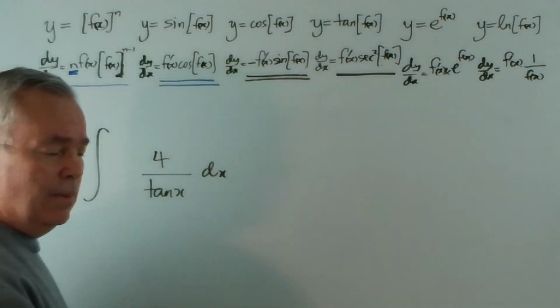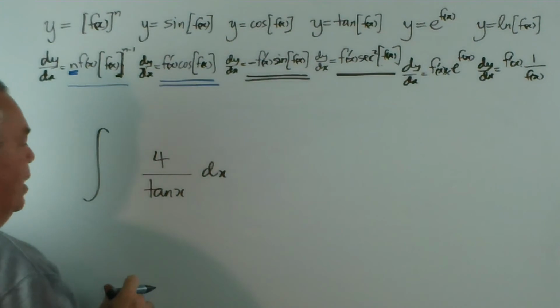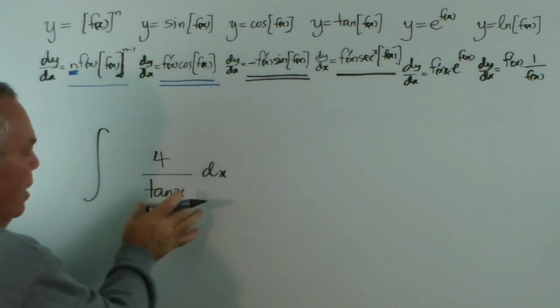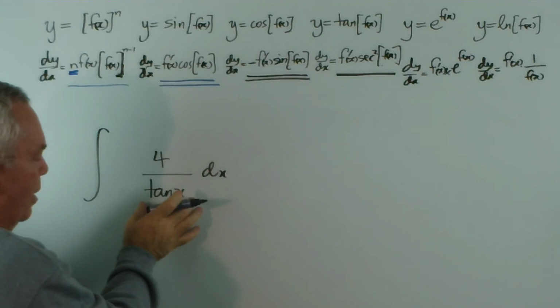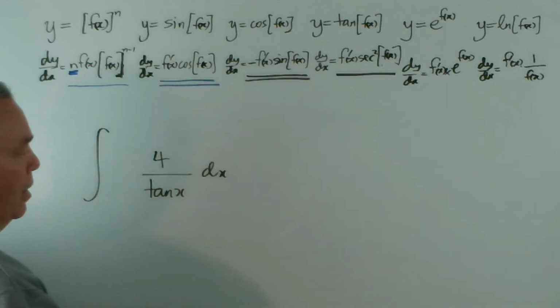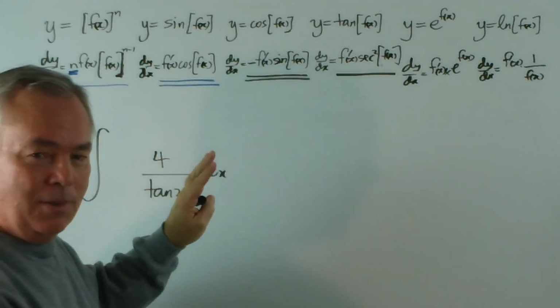In that form, it could be very difficult to do, and we'll talk about that in a moment. It's actually easier than you think, this particular one. But if I see a fraction with a function on the bottom, the chances are very high. It's not certain, because there are exceptions.